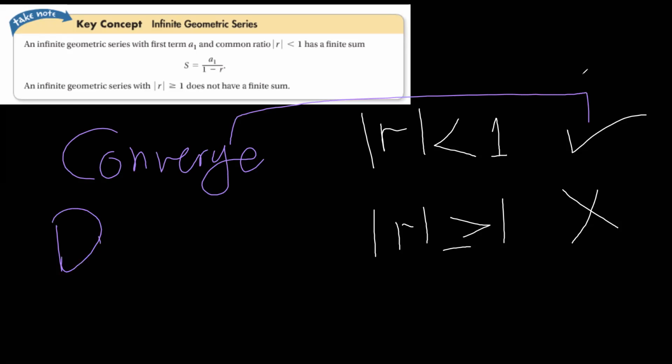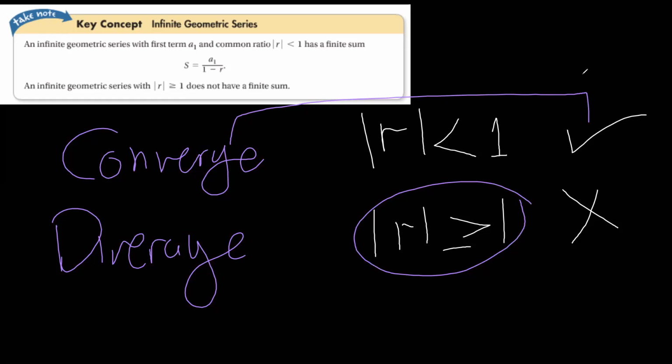But if the series diverges, that means the common ratio is greater than or equal to 1, so I cannot find the summation.